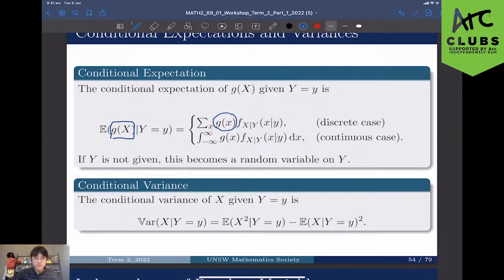And also the conditional variance of x given a y value. So the variance of x given y equals y is going to be the expectation of x squared given y minus the expectation of x given y, squared. So this is similar to the variance formula we're familiar with.